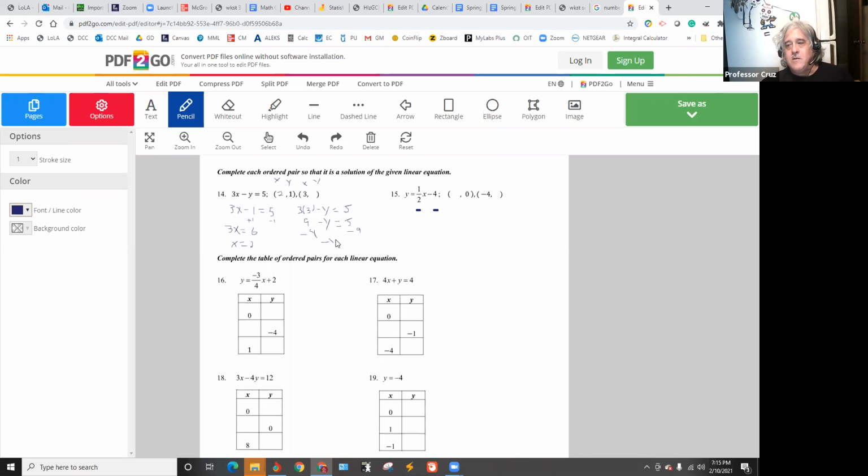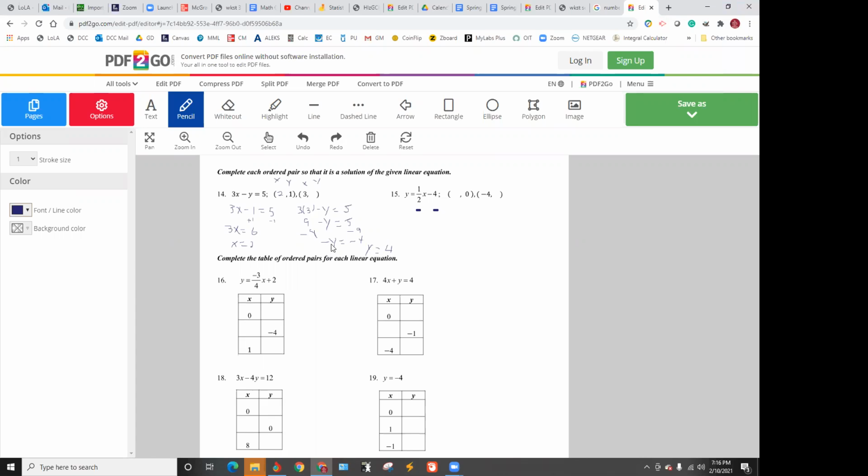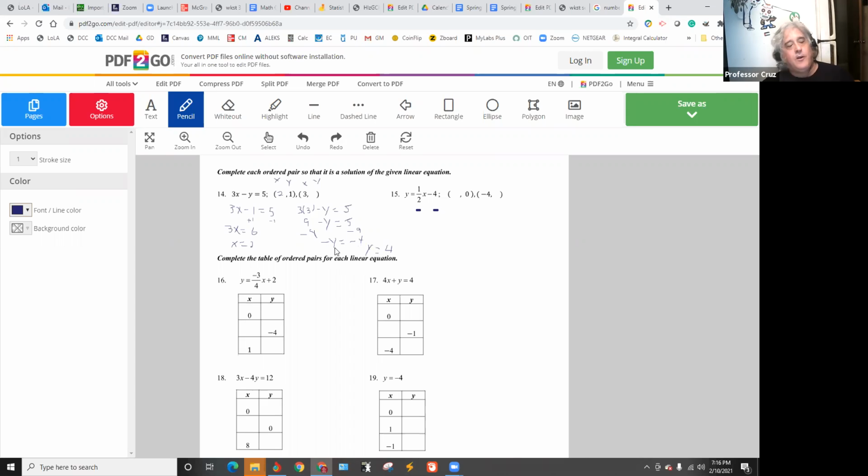Negative y is equal to -4. So what does that mean y is? Multiply this by -1 and this by -1, you got 4. I know it's tempting to stop here, but that's not finished because we don't want to know what negative y is. We want to know what positive y is.